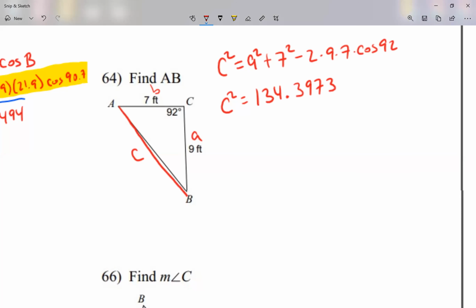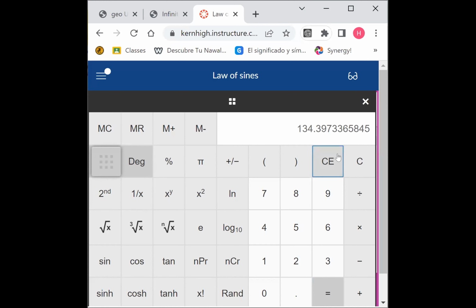All right, so let me get the square root of that. Square root of 134.3973 rounded to one decimal place. So I see 11.59. So I'm going to call this 11.6.